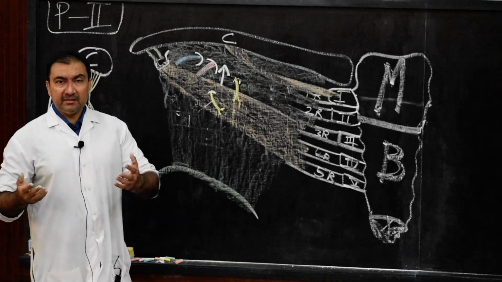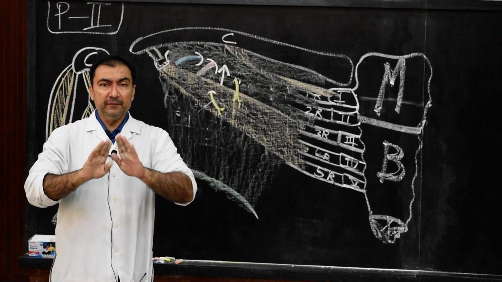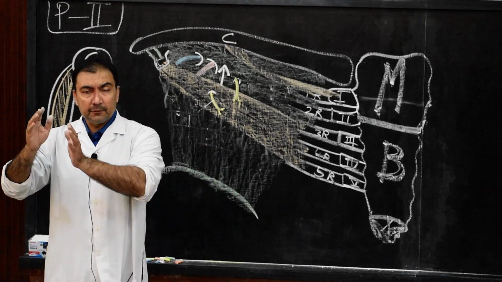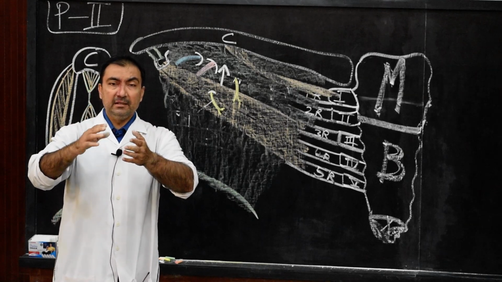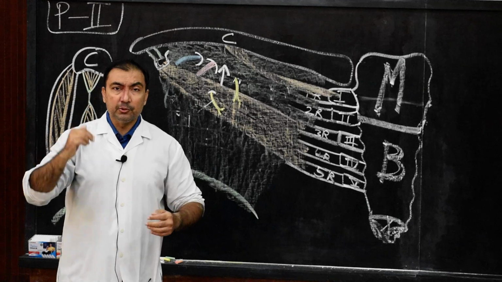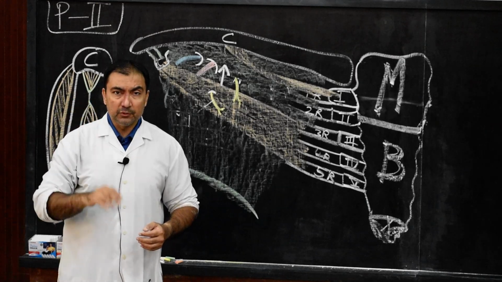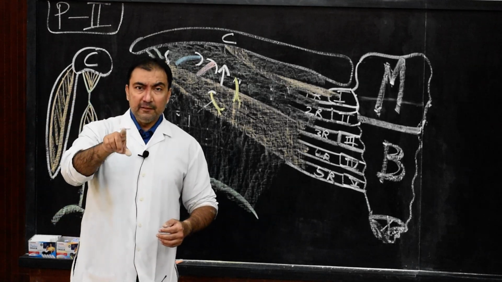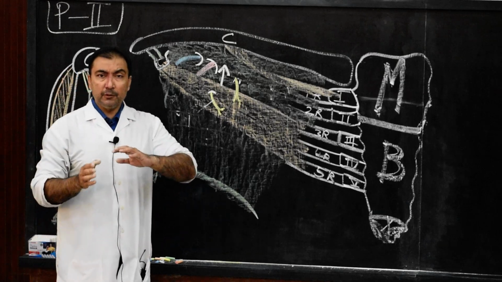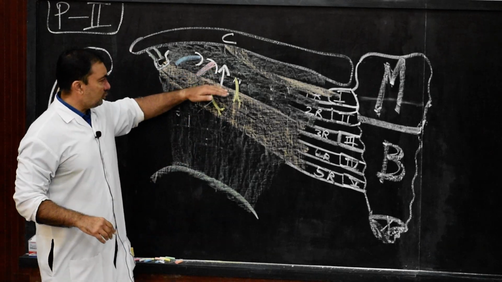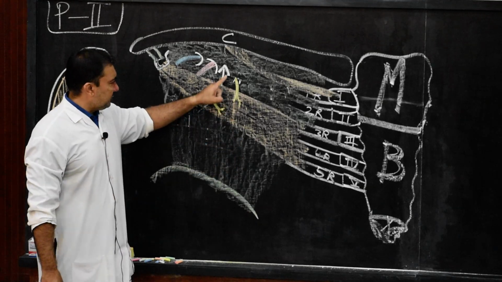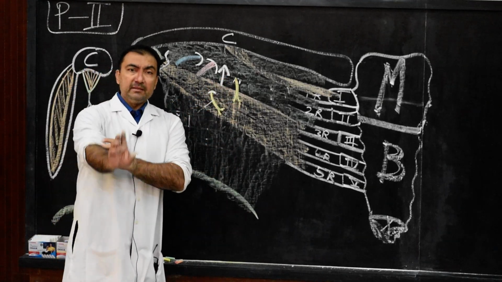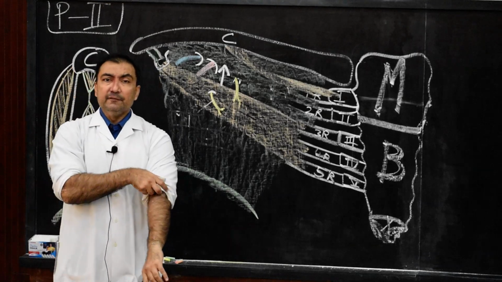Which are those lymphatics? Infraclavicular group of lymph nodes and lymphatics from the breast will pierce clavipectoral fascia and will open in the apical group of axillary lymph nodes. Once again I repeat, the lymphatics from the infraclavicular group of lymph nodes and the lymphatics from the breast will pierce the clavipectoral fascia and open in the apical group of axillary lymph nodes.